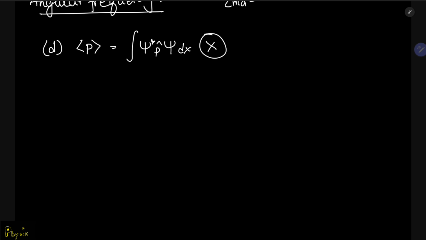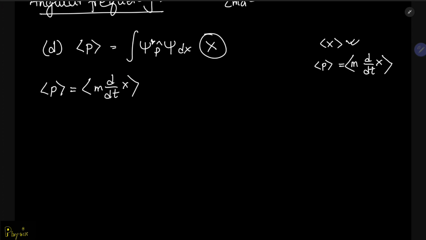In our case, it's easier because since you know what the expectation value of x is, we can write the expectation value of P in terms of momentum, which is m d dt x, and find the expectation value of this. All right, so the expectation value of P is basically the expectation value of m d dt of x, right?